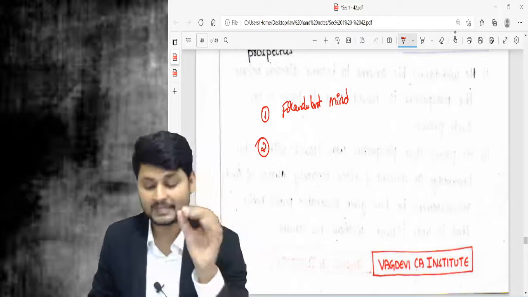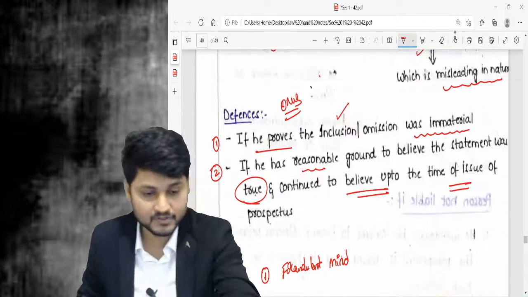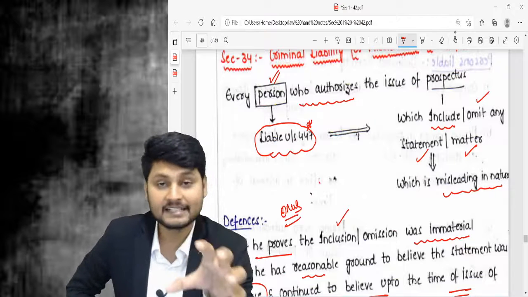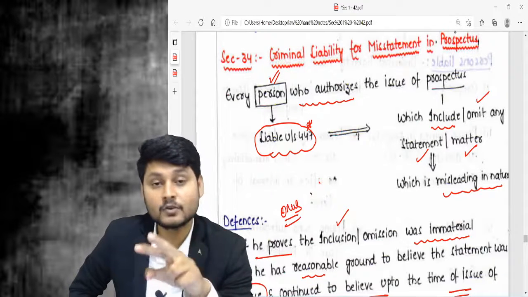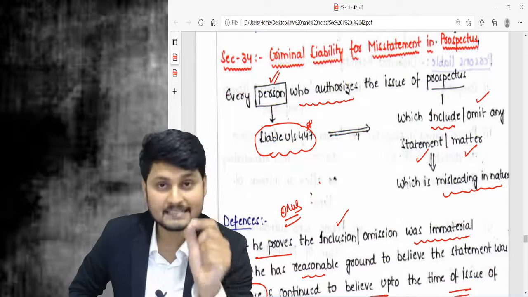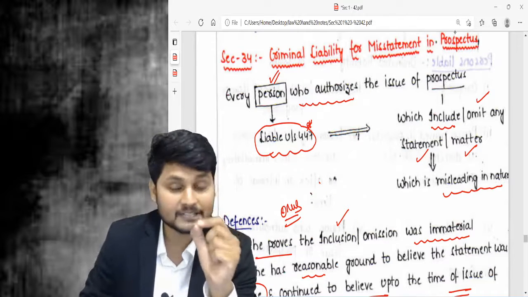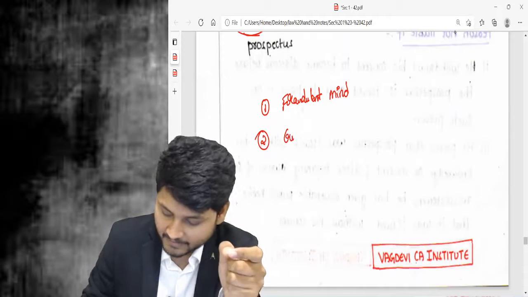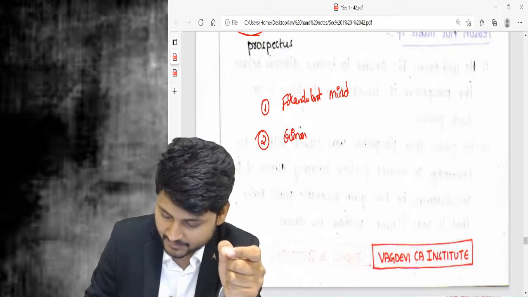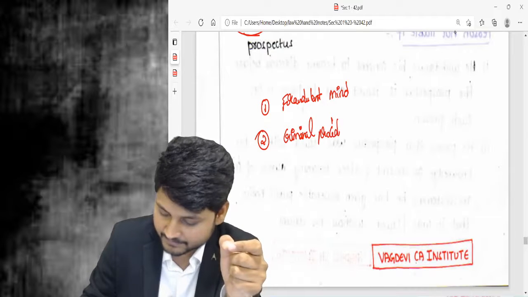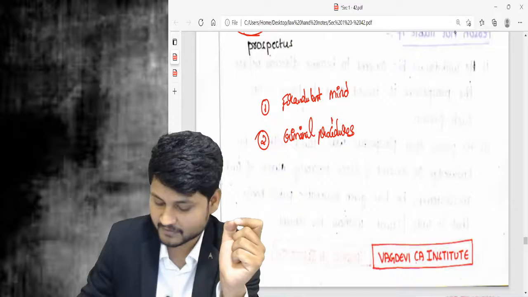Point number 2, once this is authorized, we can say this person is going against the law. When he is going against the law, then obviously criminal procedures will be applicable.